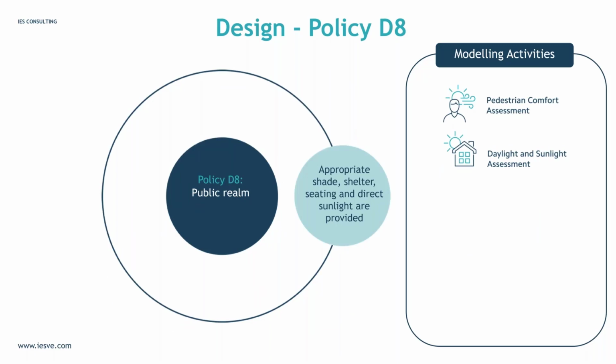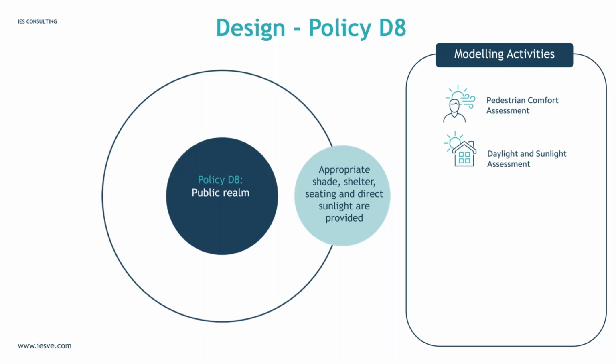Policy D7 deals with accessible housing. Again, in terms of thermal modelling, this is not an area I am going to dwell on. D8 encourages us to explore the opportunities to create new public realms.